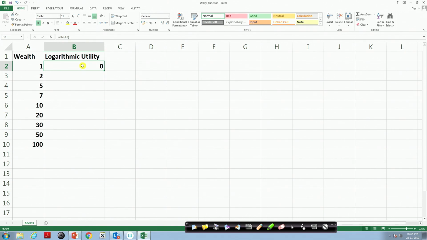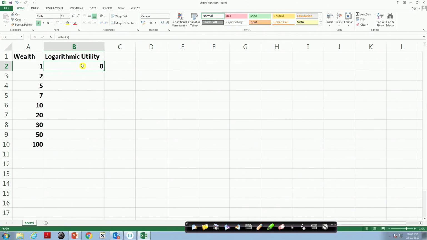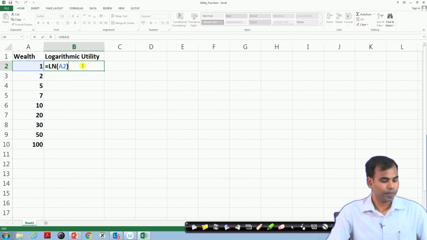To find the logarithmic value of the wealth given in column A, we will simply put the natural log of the numbers in column A. So, this is the value of the logarithmic utility function of wealth of 1 rupee or $1.